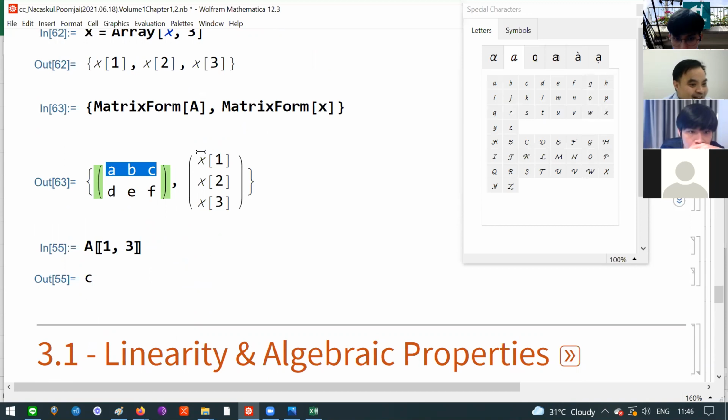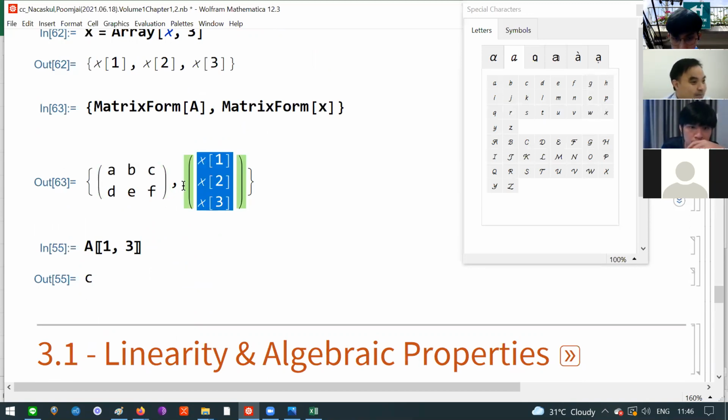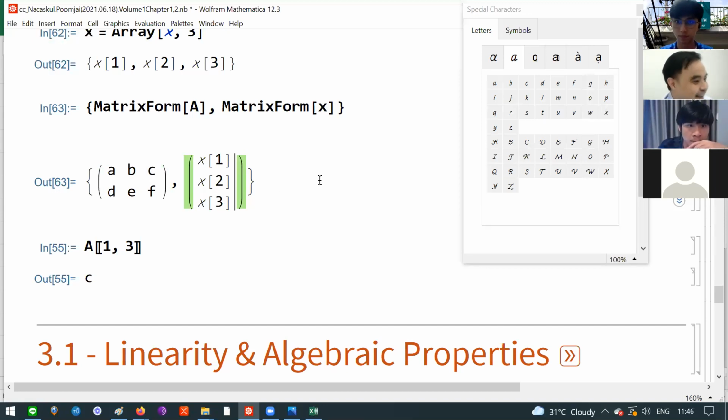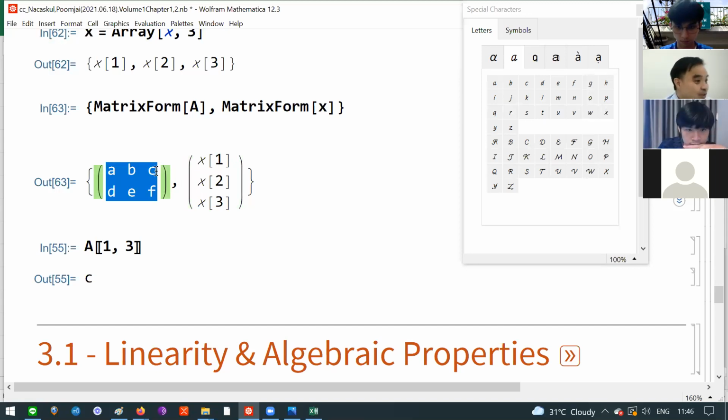And a row vector next to a column vector, it looks like you can do multiplication: a times x1 plus b times x2 plus c times x3. Well, you can do this here, except now that you have two rows, you just do it twice and list them. Okay, so let's see what happened.